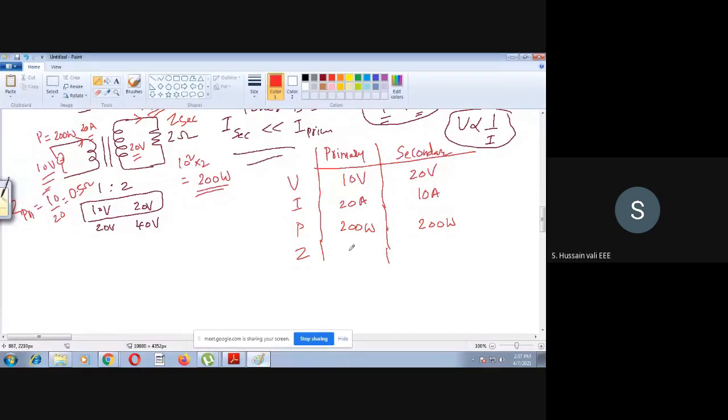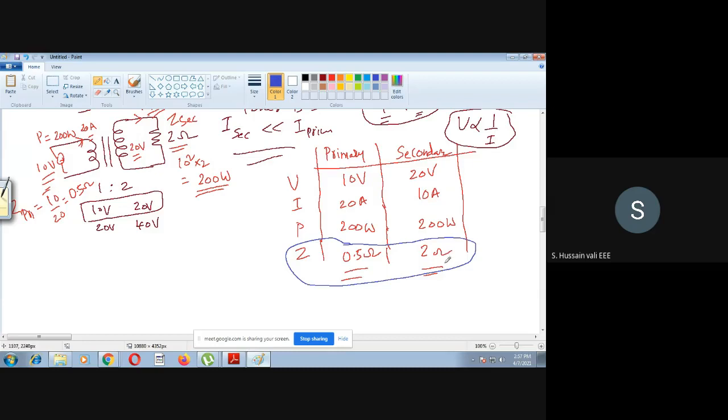Then what about the impedance? The primary impedance, how much you got when you do the calculation? 0.5 ohm. And on the secondary side, how much did you connect? 2 ohm. See here, the secondary impedance, which is 2 ohm, now becomes 0.5 ohm when you see from the primary side. That's important. This is the point where we have to concentrate: the primary impedance and secondary impedance.